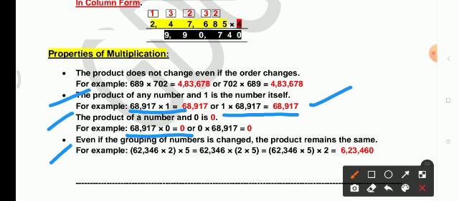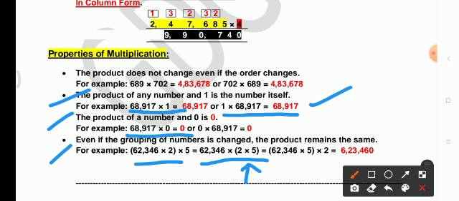And at last, even if the grouping of numbers is changed, the product remains the same. For example, if we first group 62,346 multiplied by 2 and then we multiply it by 5, that will be equal to 62,346 multiplied by 2 into 5. Here we have grouped 2 and 5.